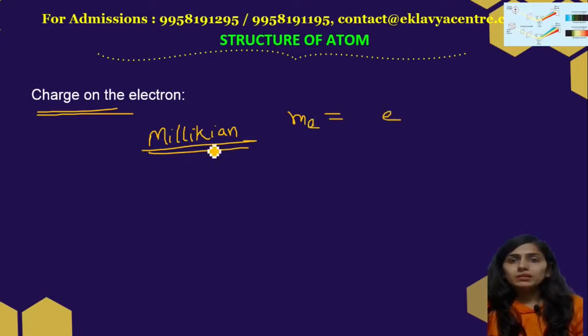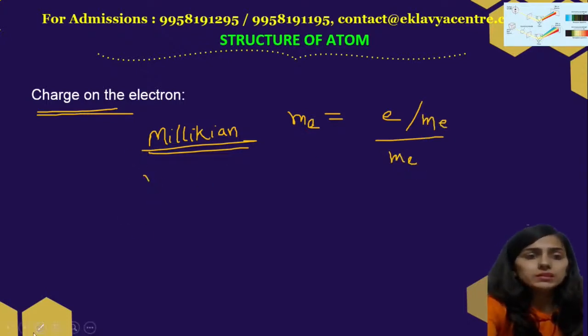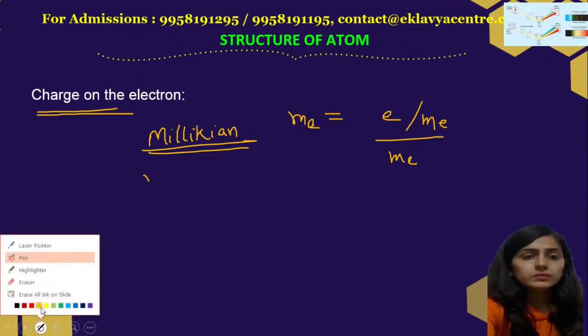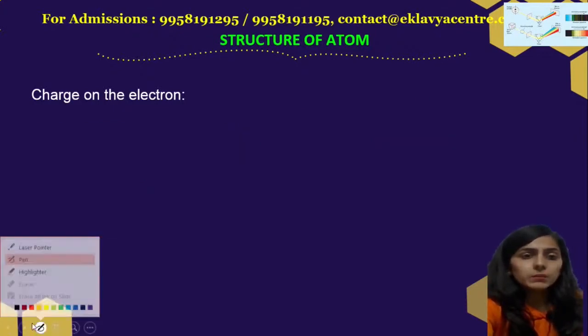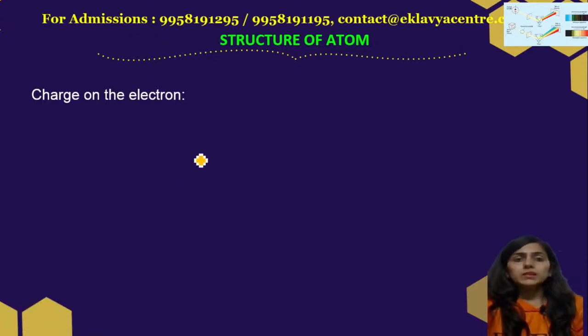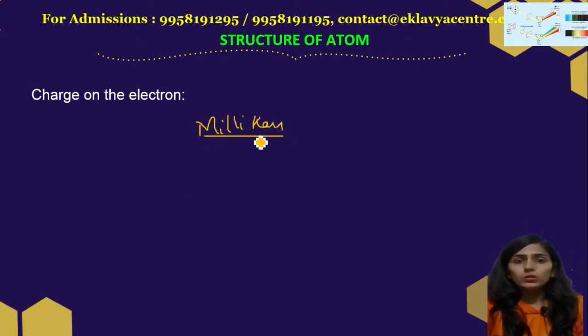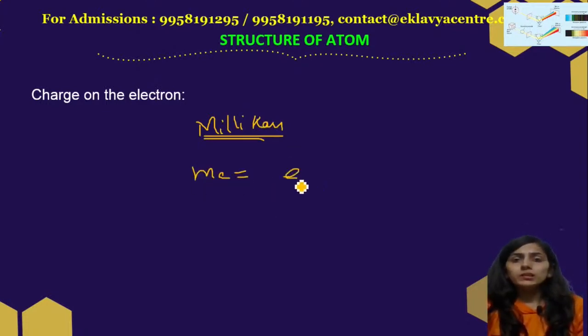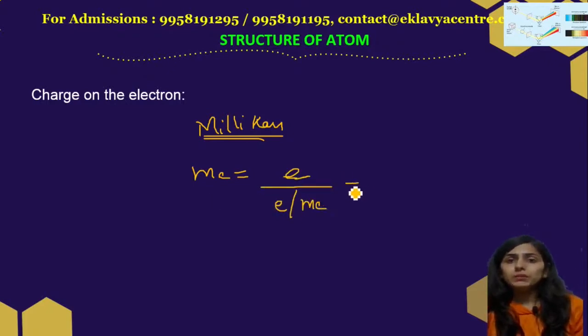We know the value of e/m, and we know the charge on the electron, and through J.J. Thomson's experiment we know the value of e/m.